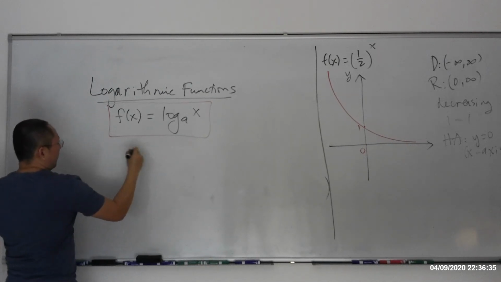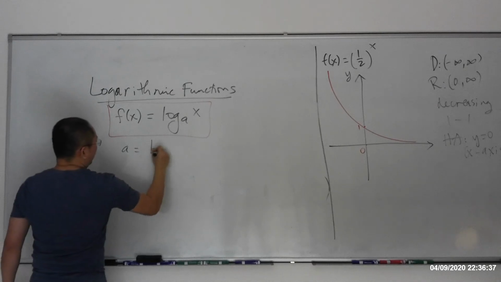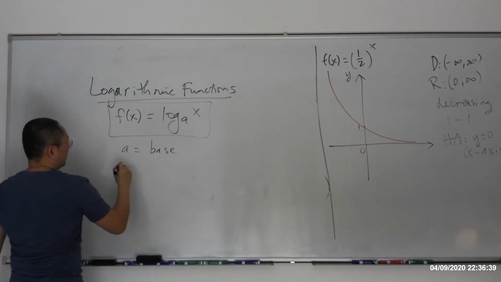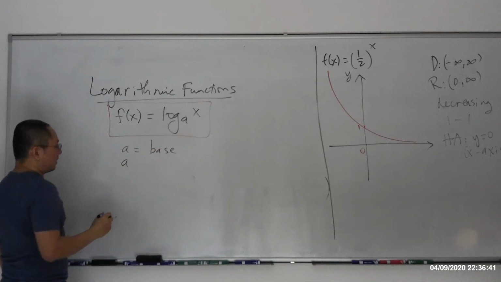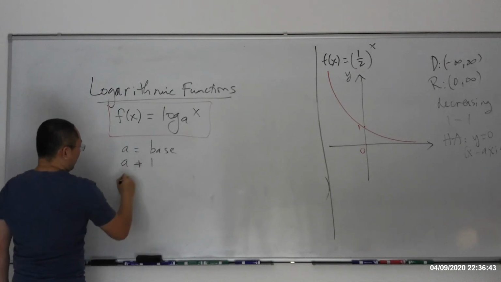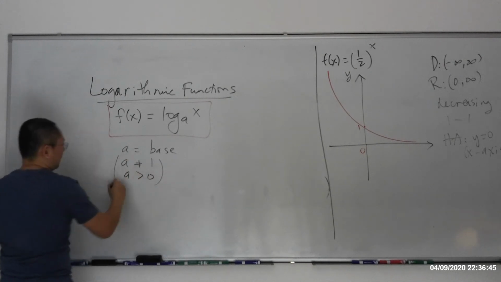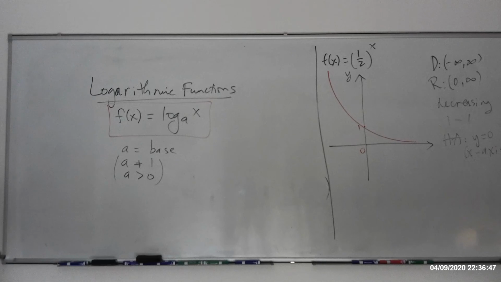Okay. Where a here is called the base number, and a has some conditions. a is going to be different from 1. a is going to be positive, exactly like what you learned from the exponential function.